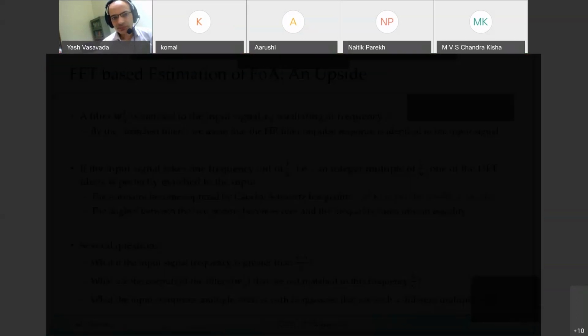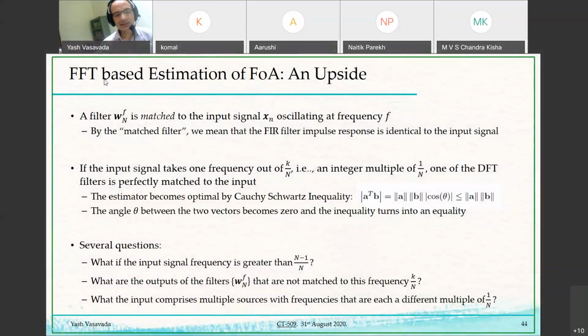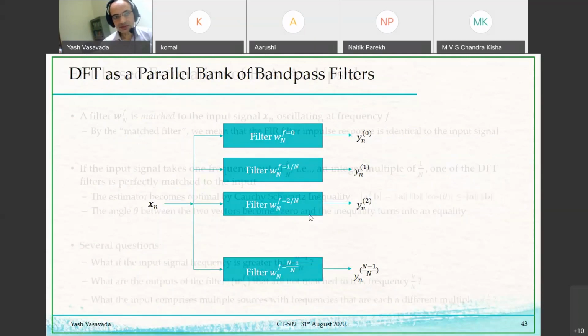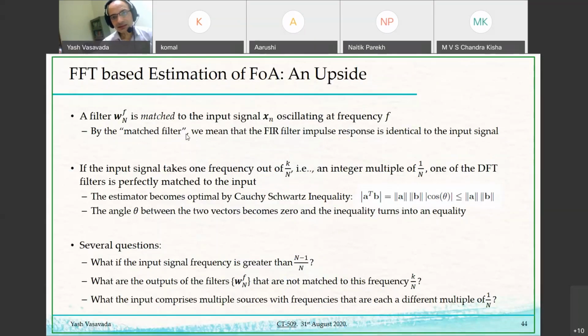Okay, so the advantage of this FFT based estimation of the frequency of arrival is that in case one of these K users is transmitting at a frequency f which happens to be one of these DFT frequencies, either 0 or 1 over N or 2 over N, then the output of the filter will be optimal in some sense.